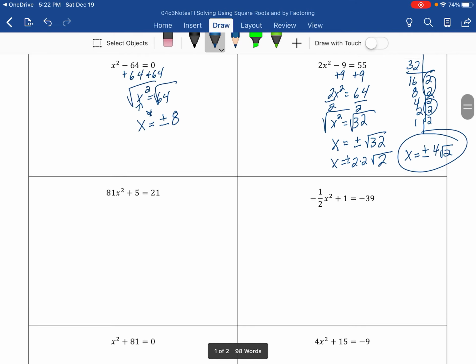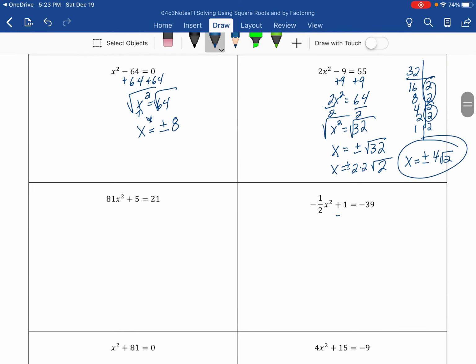Let's try this again with a couple others. I'm just going to do 2 more examples because I'm trying to make these a little bit shorter. For this one, I would subtract 1 because I want to get my x squared by itself. It's equal to negative 40. I multiply each side by negative 2. These would divide out. I'd end up with just a 1 here because negative 2 times negative 1/2 is 1, so x squared is equal to positive 80.